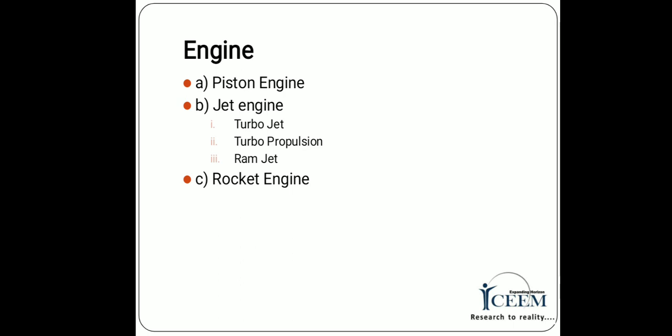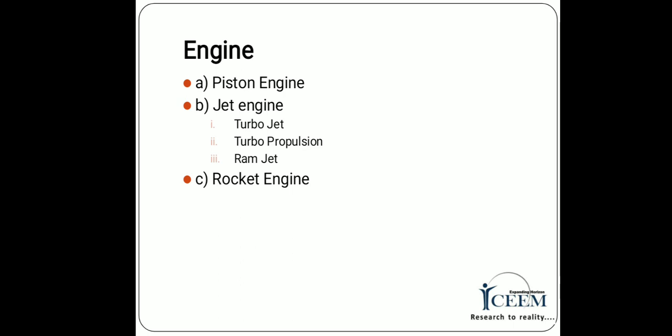Next step is turbo propulsion. The performance of turbo propulsion aircraft is similar to that of turbojet, except that a propeller is provided in it. The turbine in the turbo propeller extracts enough power.